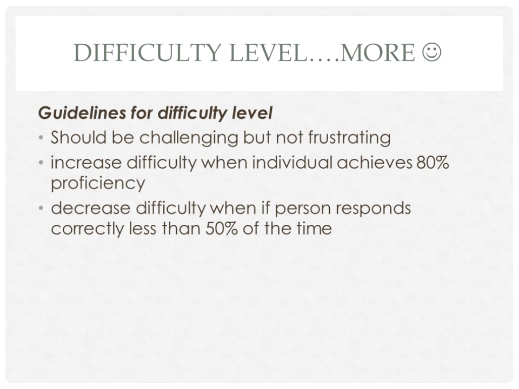You always want to make sure that it's challenging to the client, but not frustrating. The general rule of thumb, and it's only a rule of thumb, is that when the individual can achieve 80% accuracy, it's time to move on. When the individual is still struggling and is less than 50% correct, you're too high.